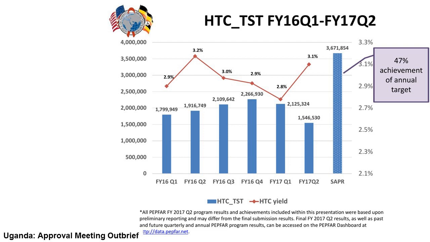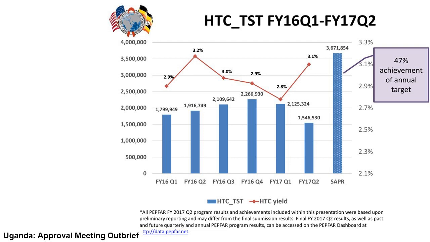But what's important to recognize there is that that increase in the yield matched against the reduction in the number of tests that were conducted. So they went from 2,125,000 tests down to 1.5 million tests being conducted. That actually resulted in fewer individuals being identified.